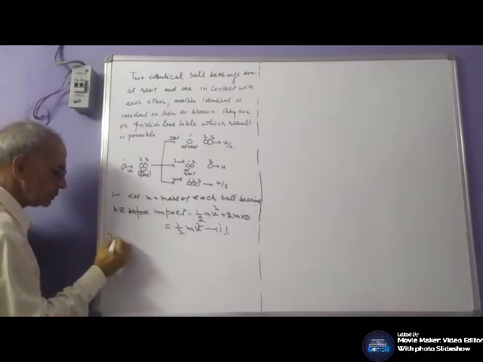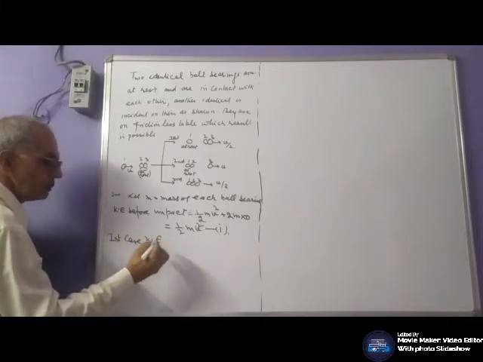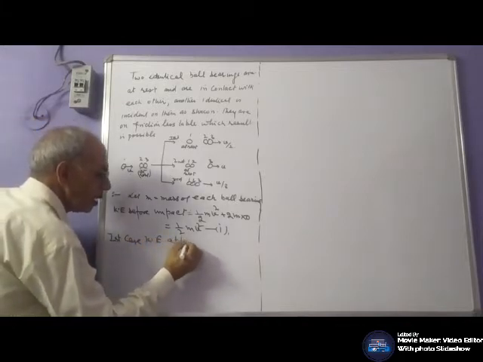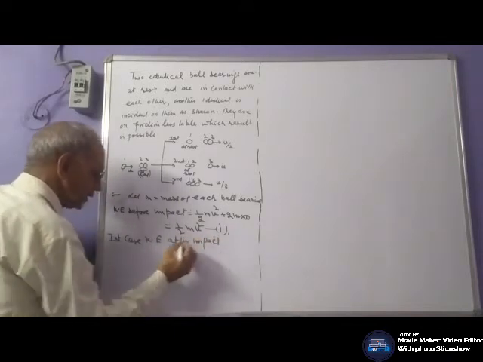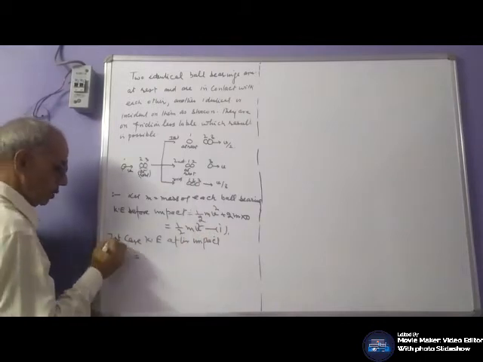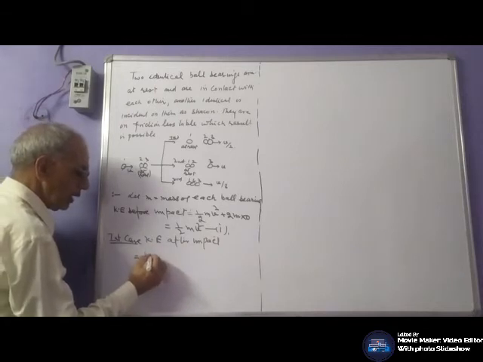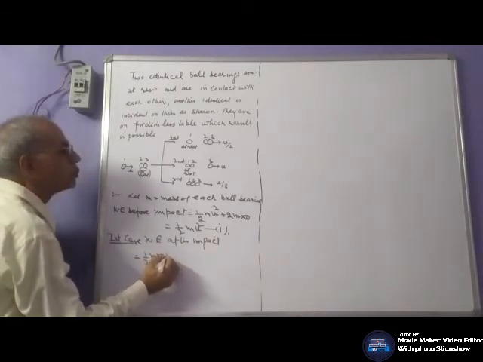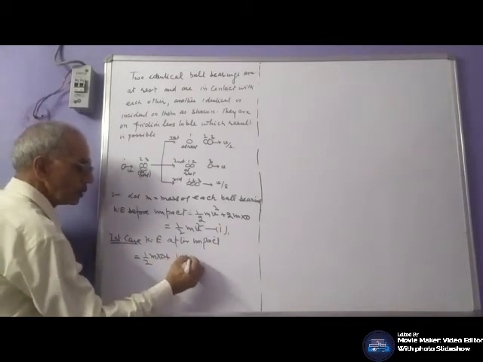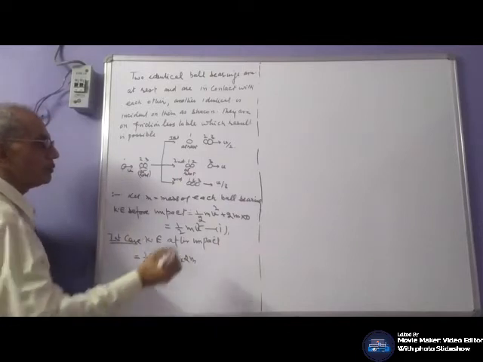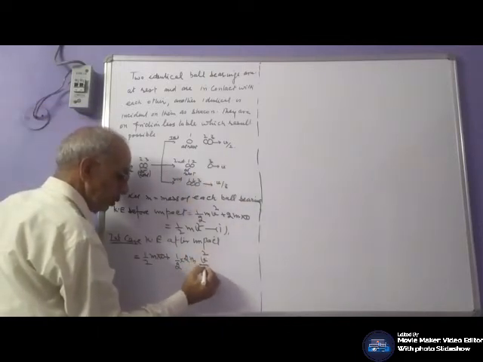First case, kinetic energy after impact: half times 2m, where the mass is 2m and the velocity is v by 2, so v square by 4.